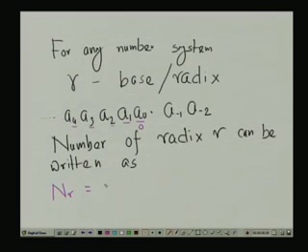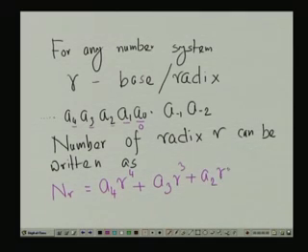So, it should be A4 into R to the power 4 plus A3 into R to the power 3 plus A2 into R to the power 2 plus A1 into R to the power 1 plus A0 into R to the power 0.